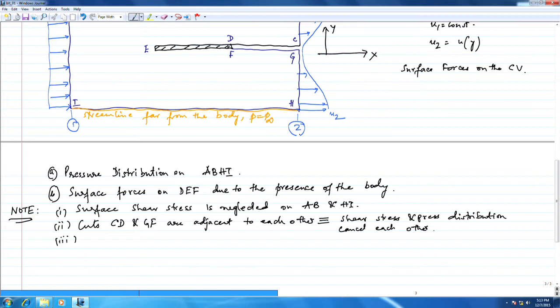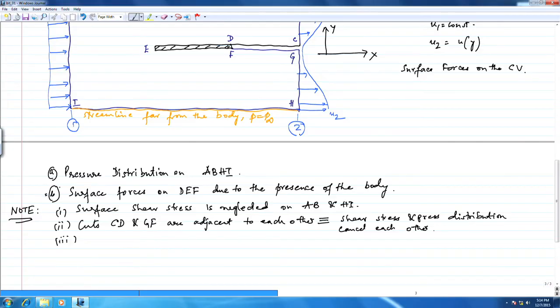So, when I say surface forces on DEF, it is basically a reaction. It's the total reaction due to the presence of the body. Because of the presence of the body, there are surface forces.